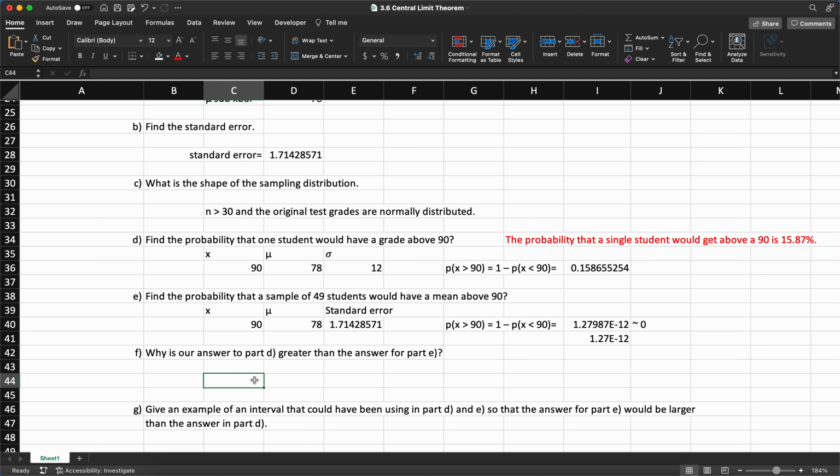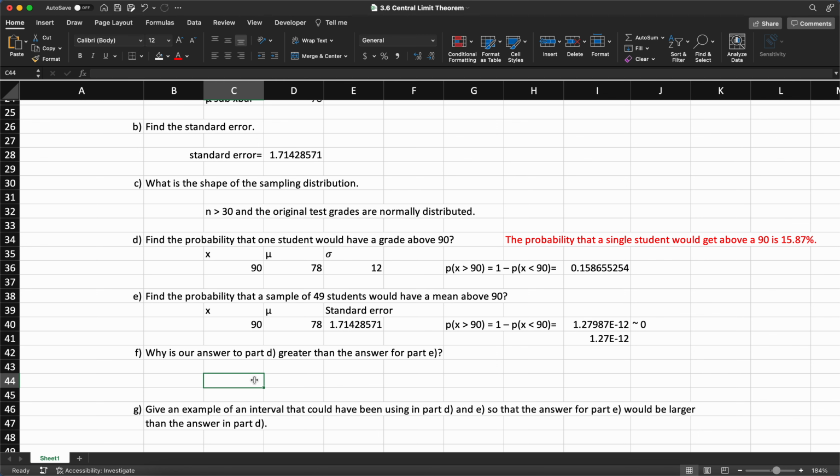Picking a single student at random, it's not that hard to believe that that student, especially if they happen to do well in general, got above a 90. But if I gather 49 students and average all of their scores, for that average to be that high above the mean, I have a student that got a 20, a couple students that got a 50, a couple that got 90s, a couple that got 70s and 80s.